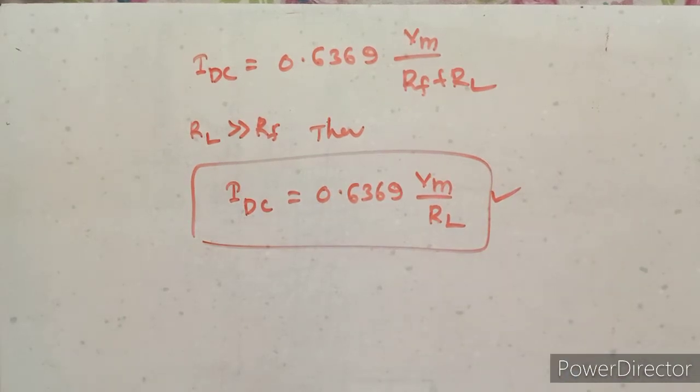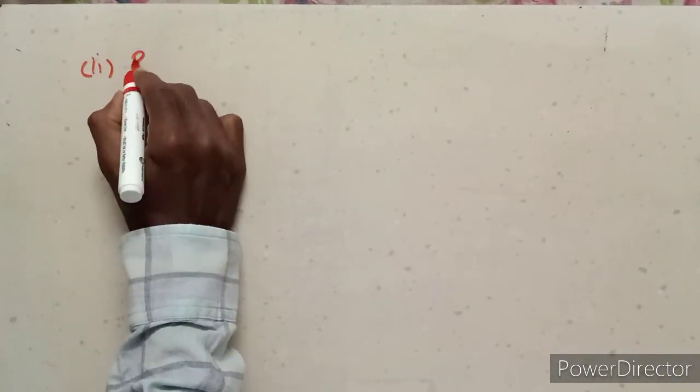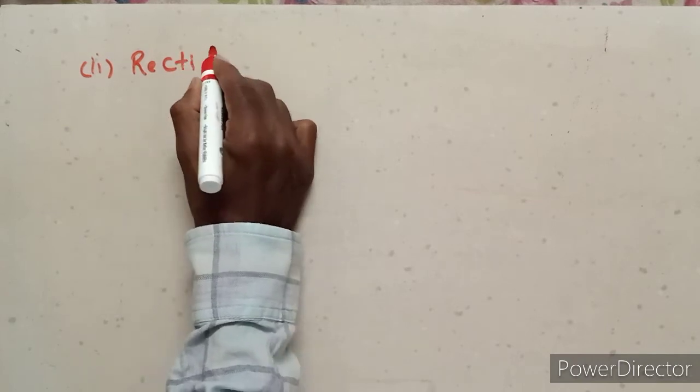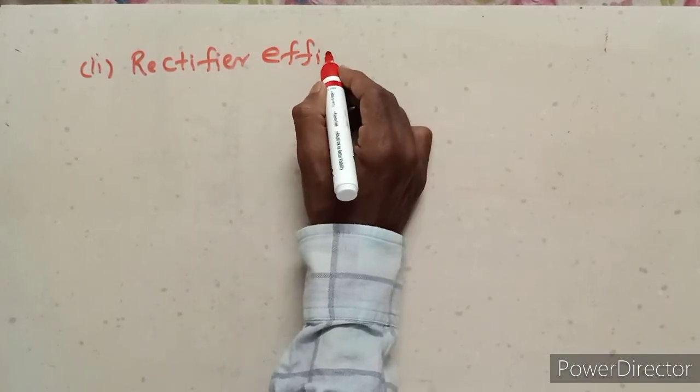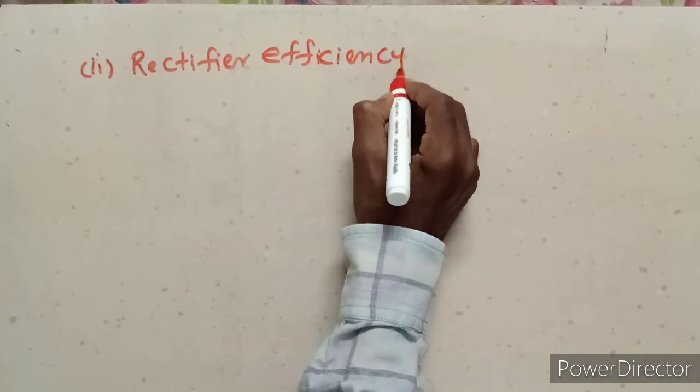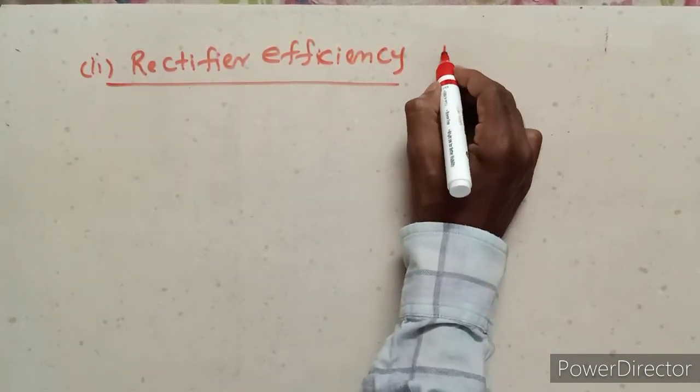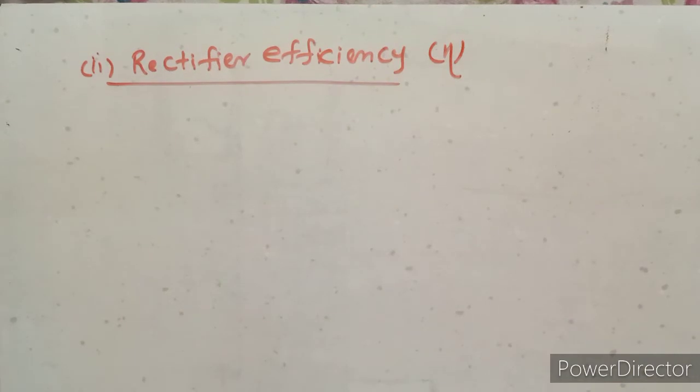Next parameter. Our next parameter is the rectifier efficiency, denoted by eta. What is the definition of eta?